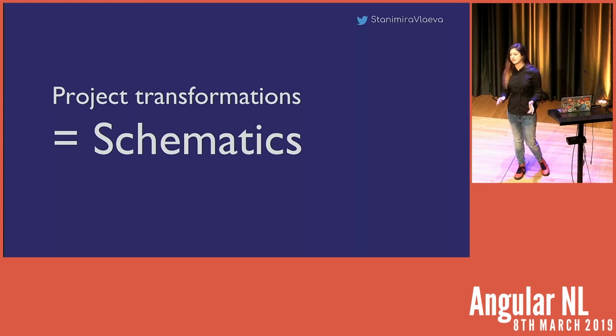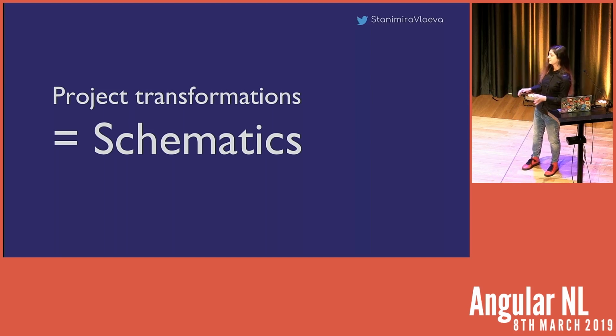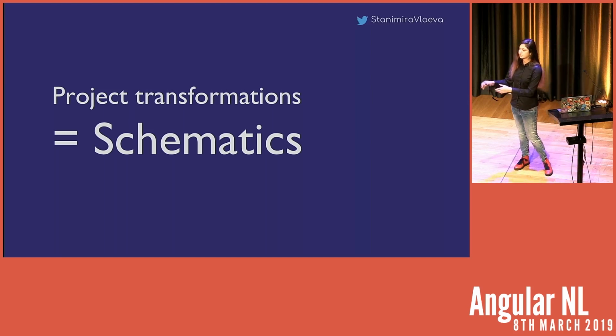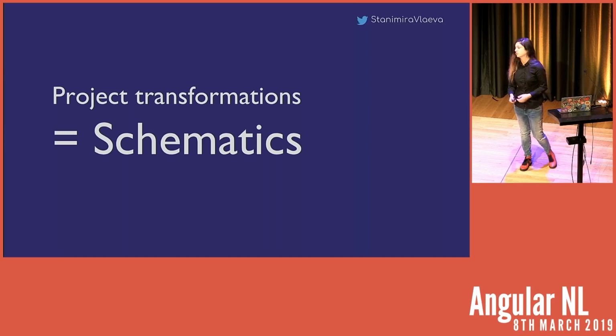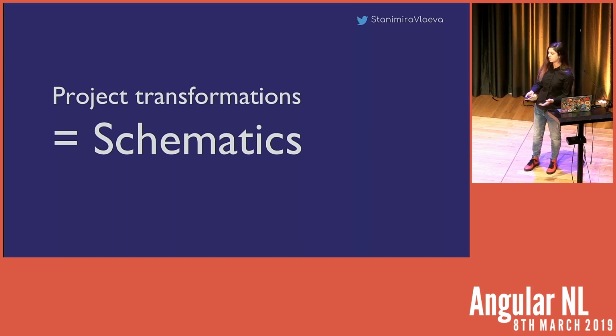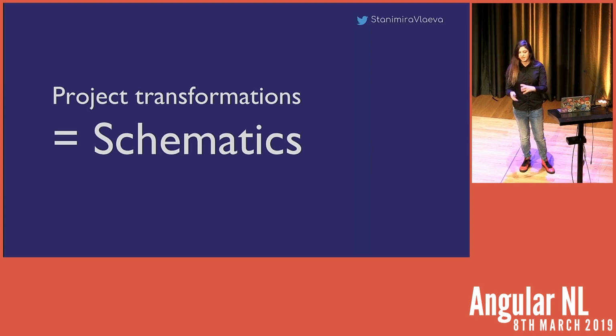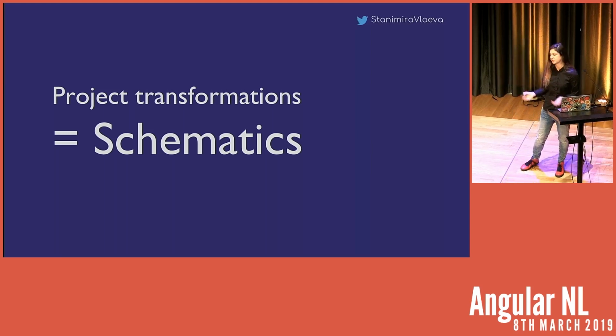So Schematics is one of the key parts of the Angular CLI, but it can also be used as a standalone project, and you can also use it in your libraries or whatever packages you build so that you can provide a setup for the people to use.